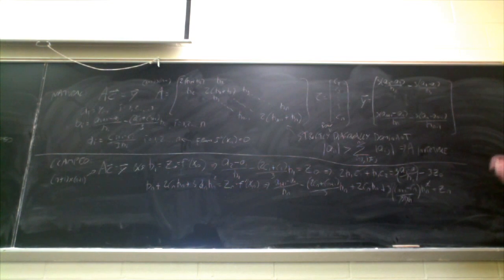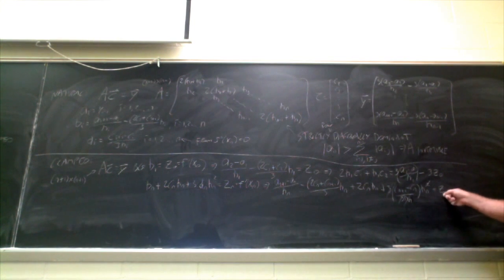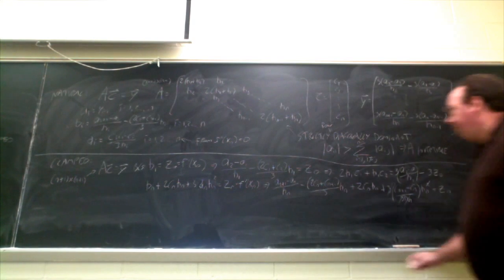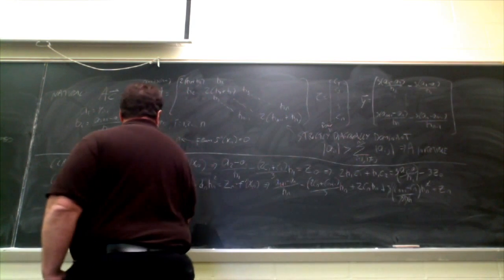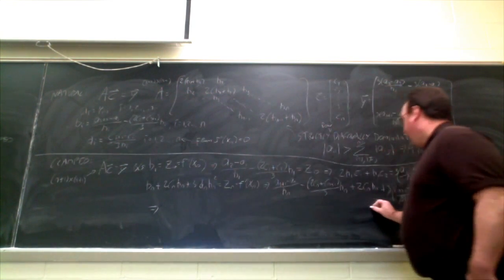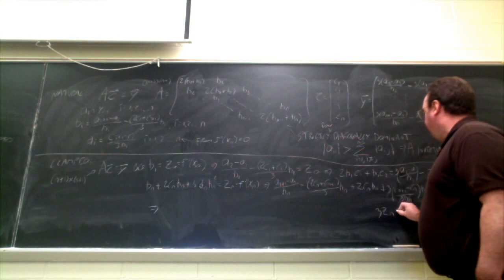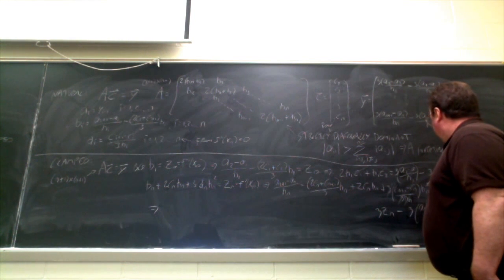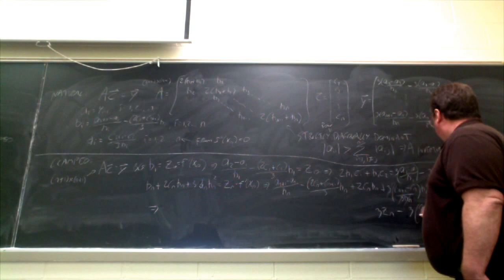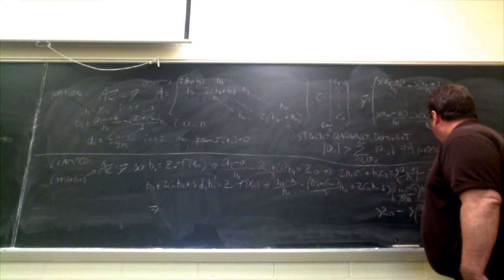Okay, I have to make sure to get this in the right order. So if I rearrange this, on the right side I'm going to have 3zn minus 3 (an plus 1 minus an) over hn.